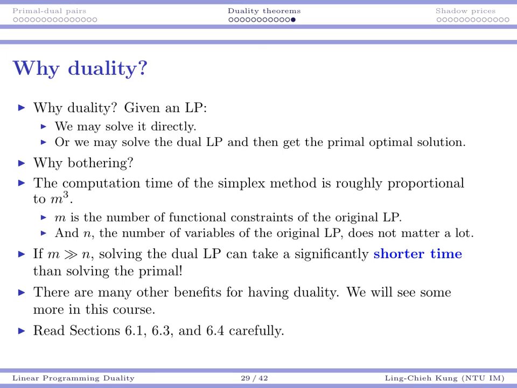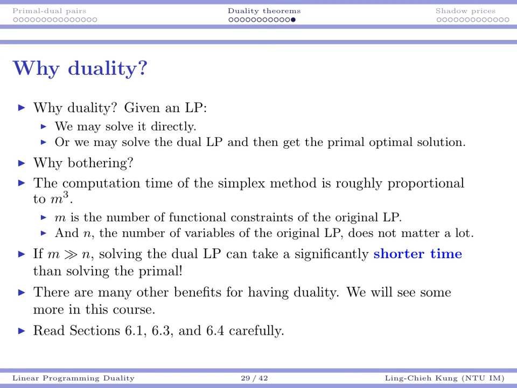So that implies if you have a problem where you have some variables but many more constraints, then solving the dual program can actually save your time in many cases. If you are not too unlucky, then as long as you swap the constraints and the variables, you're going to have a lot of variables but a much smaller number of constraints.